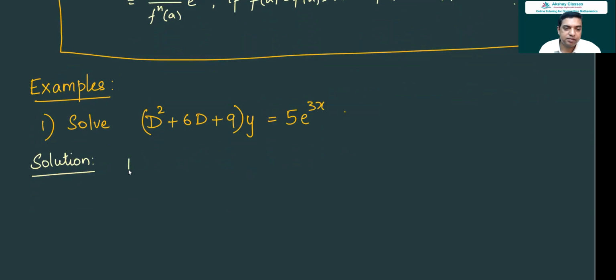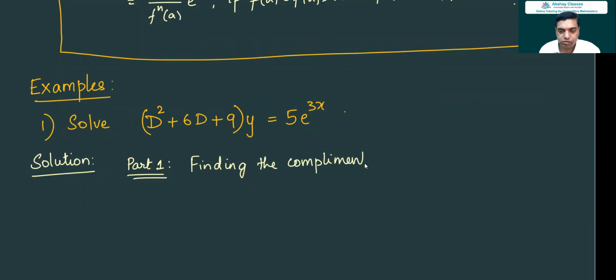First part, finding the complementary function. As we discussed yesterday, f(D) = 0.